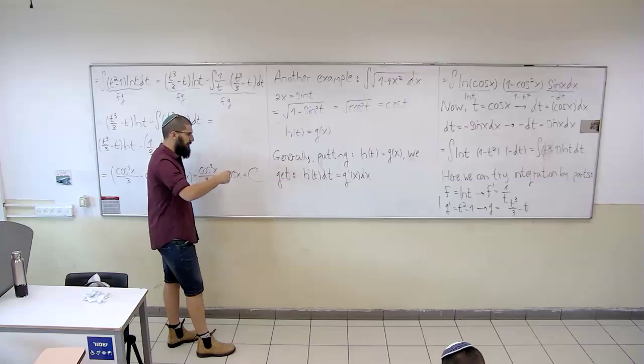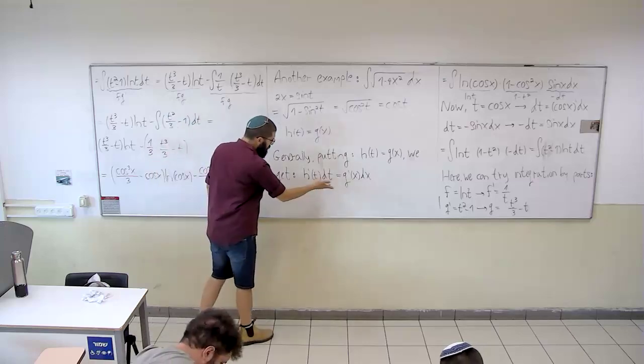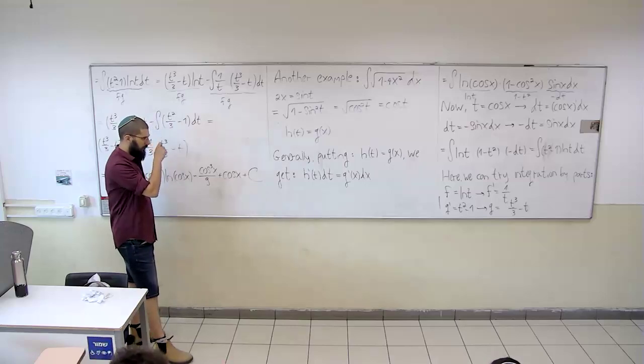When h(t) is just t, as in what we did in the last 2 examples, we get t', which is 1. Just dt equals g'(x) dx.